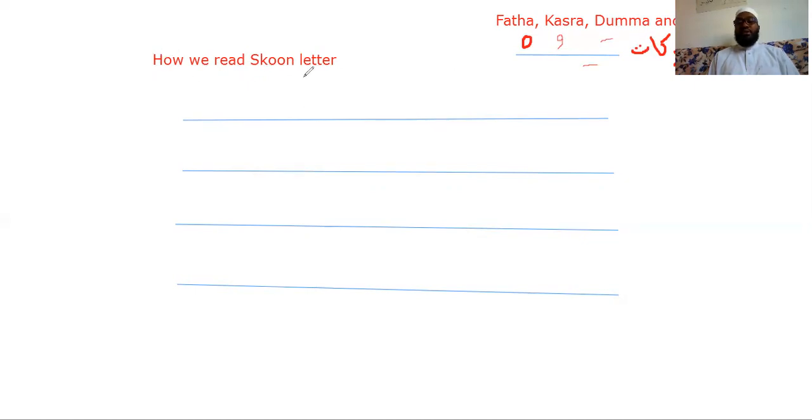The sukun letter we cannot read alone, so we always need something before it. Imagine there's a letter here, and the sukun letter will come after it. For example, we have sa followed by a letter, for example ba, or ta, or na, or whatever.